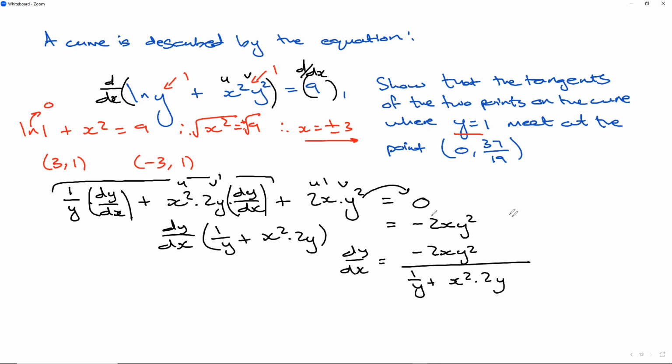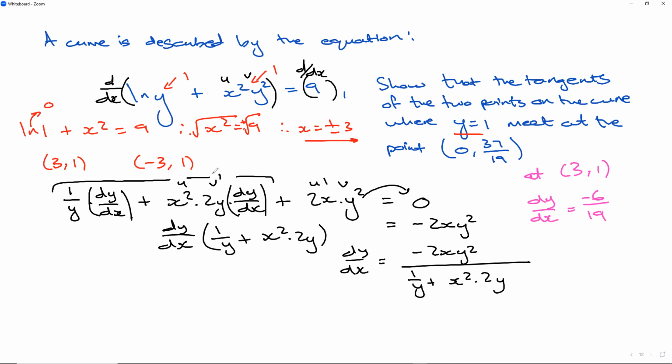Now that I have the gradient, at 3, 1, I can substitute. So at the point 3, 1, if I substitute x equals 3 and y equals 1 into this expression, my dy dx ends up as -6/19.